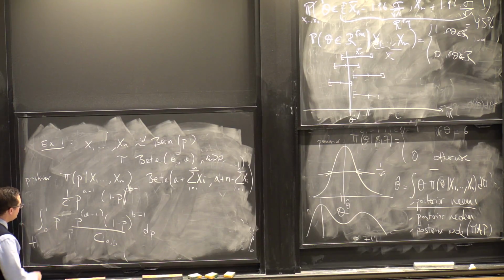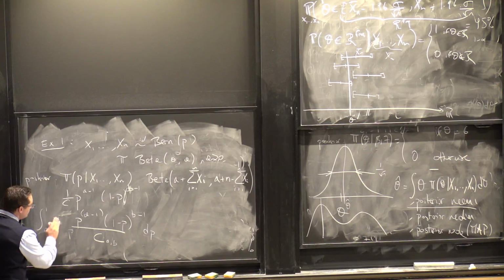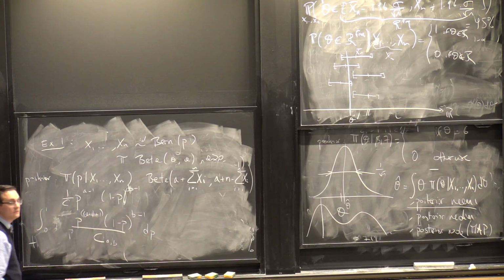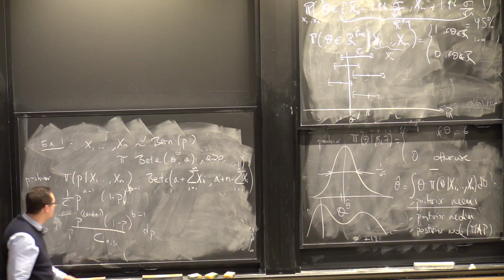Well, I can actually move this guy in here, and here I'm going to have a plus 1 minus 1. So the problem is that the constant is going to play a big role, right?